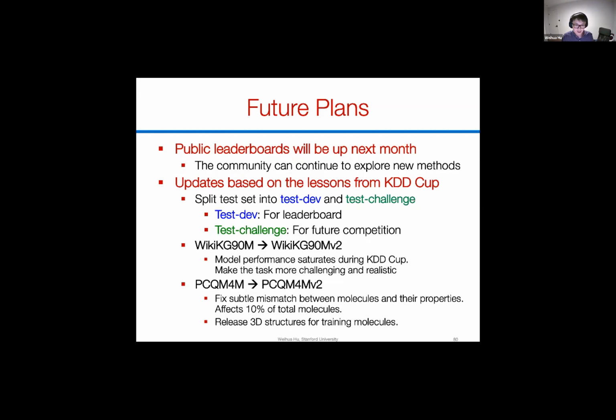In terms of the PCQM, we are going to fix some small bugs in the dataset. There's a small mismatch between molecules and their properties, which affects about 10% of the total molecules in a minor way.